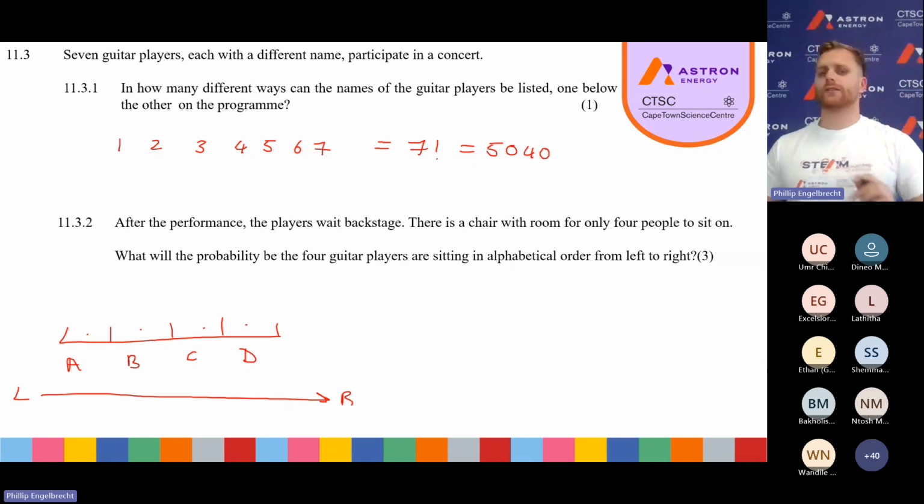Okay, guys. So let's see. So I'm seeing some interesting answers. I see a very big answer. So let's see what the answer is.